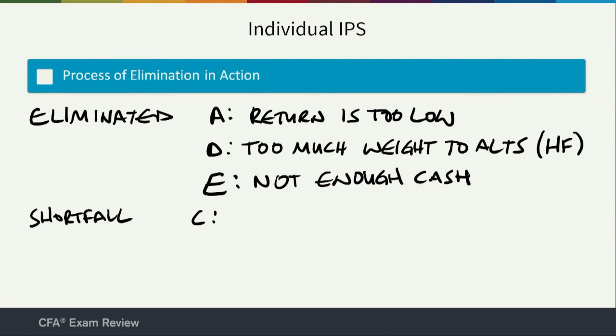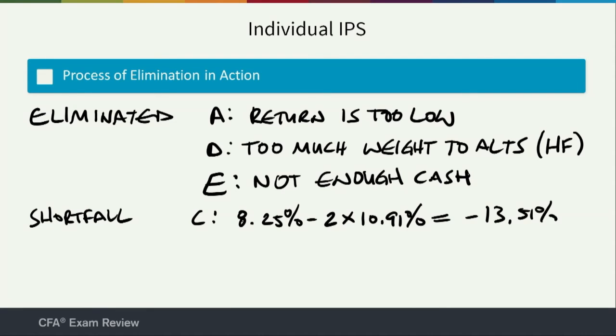So if I take a look at what that return is going to be, the shortfall risk is 8.25%. That's the expected return on the portfolio, minus 2 times the standard deviation. So that is 10.91%. And this is equal to minus 13.51%.